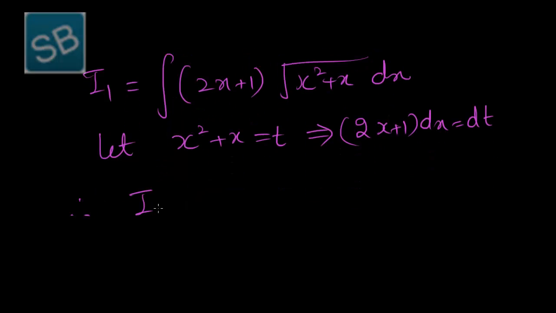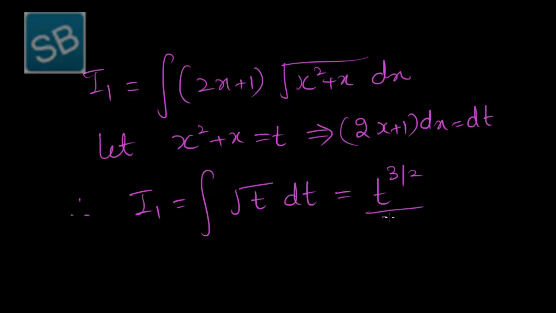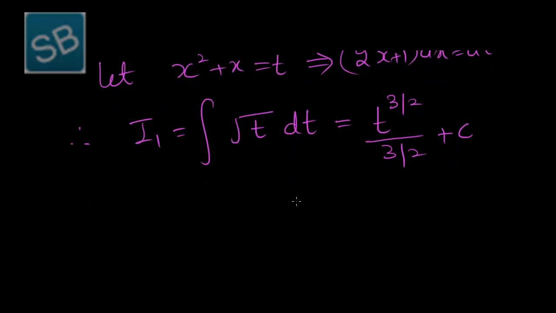Therefore, I1 is equal to the integral of under root t dt. So we get t raised to power (half plus 1), that is 3 by 2, over 3 by 2, so we get 2 over 3, that is t, that is (x square plus x) raised to power 3 by 2, plus c, in case of I1.